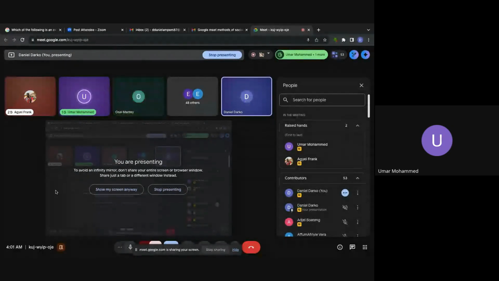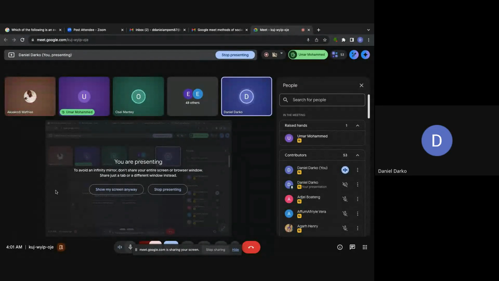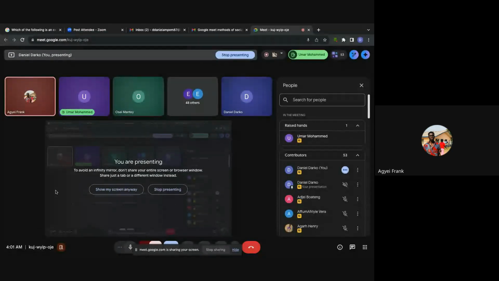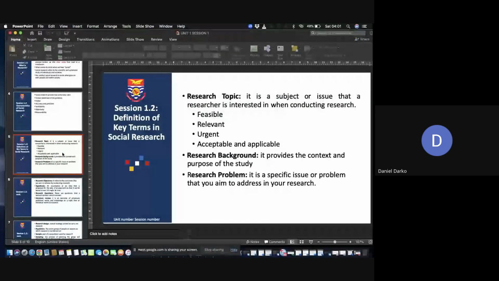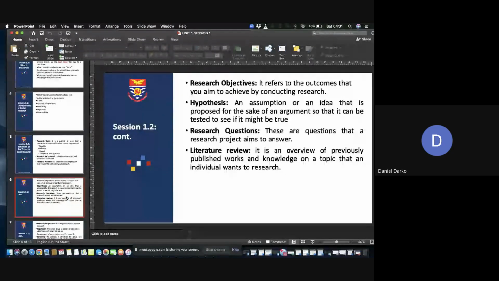Yes, sir. Okay. So some of the problems are lack of cooperation among workers. So in your workplace, there's not much cooperation, right? Yes, sir. Okay. So that is the center of the problem. Tell us more about the problem and how you intend to address those problems in your research.